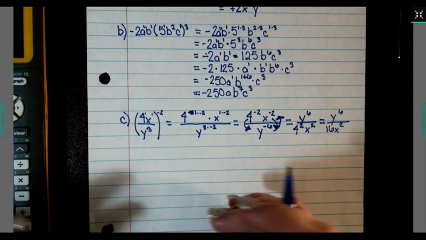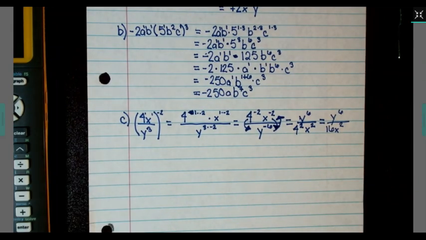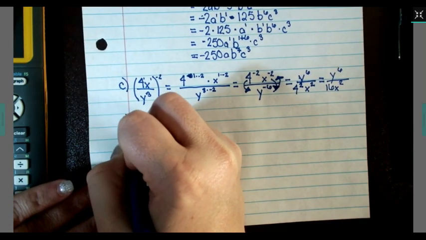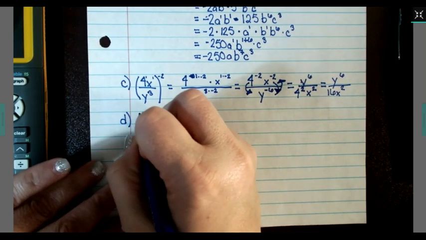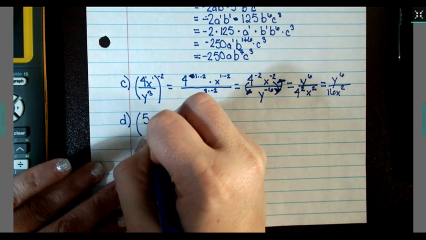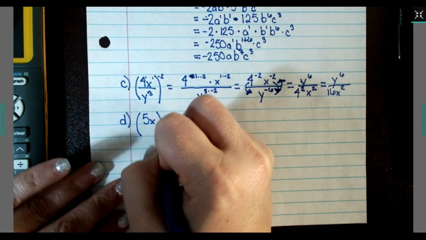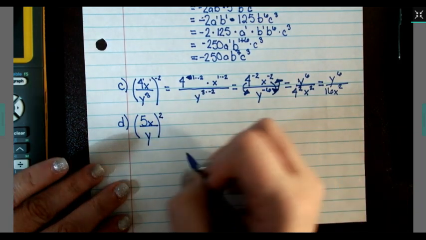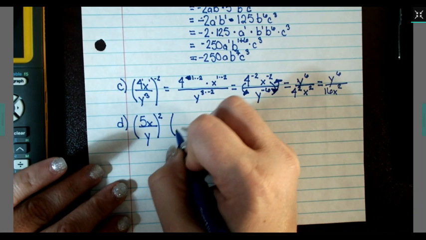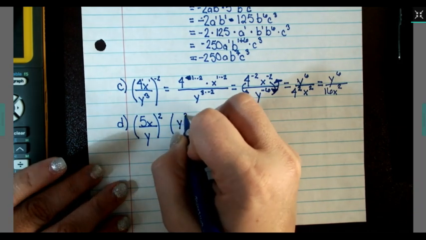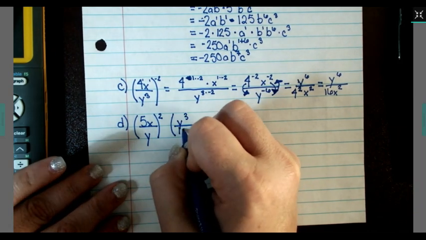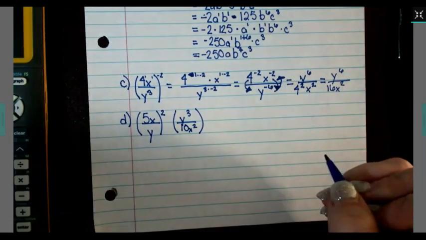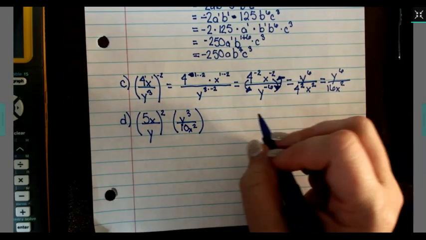2 more to go. I know it's taken a while, but we got to get through them, okay? So D. We've got 5x divided by y, all raised to the 2nd power. We've got y cubed over 10x squared. All right.